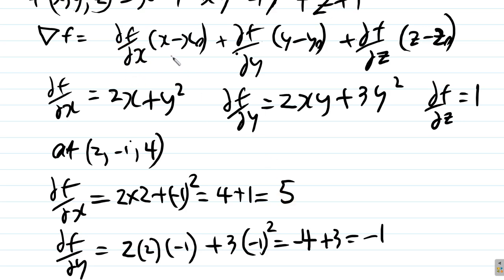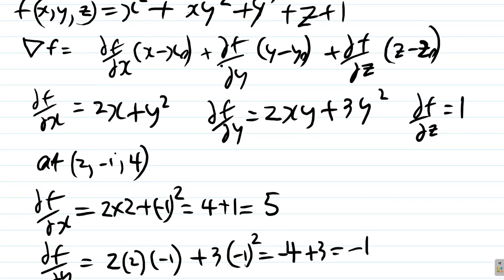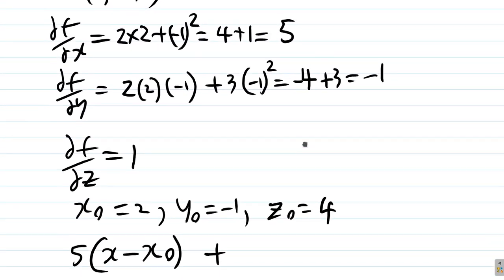So it's 5 times x minus x naught, right? So 5 times x minus x naught plus, then here the partial of f with respect to y is what? At the point it was -1. So it's -1 times y minus y naught.